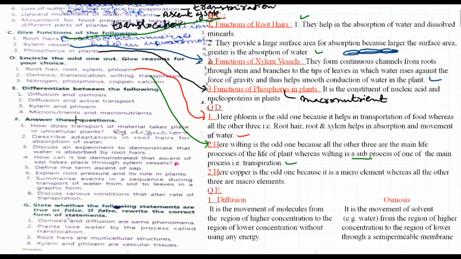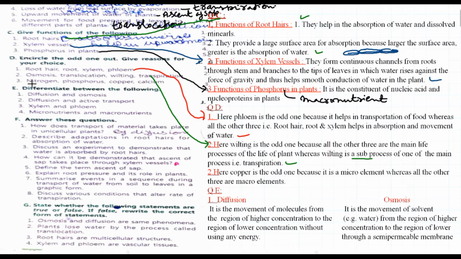So osmosis, translocation and transpiration are the three main life processes of the plant, whereas wilting is a part of transpiration.